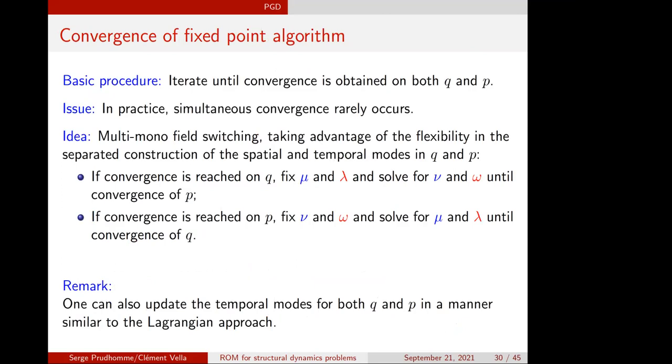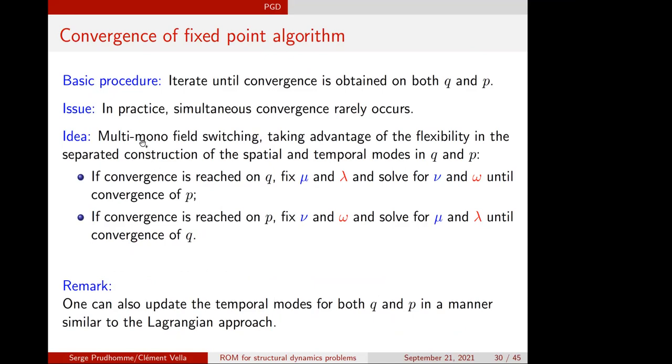Okay, a point that I would like to make here is about the fixed point algorithm. And maybe this is one advantage we have with respect to the Hamiltonian formalism. Of course, we have to solve for two variables, but at the same time, we have some flexibility when we want to solve for the fixed point problem.